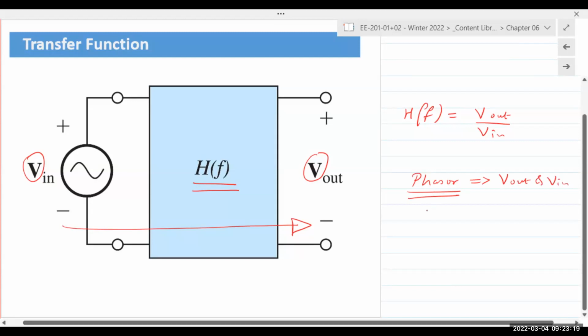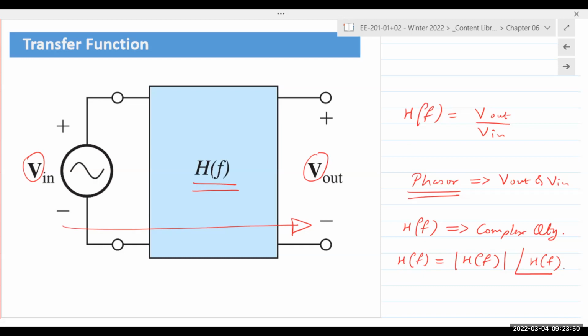V out and V in are phasors, and therefore H of F is also a complex quantity represented by complex numbers. It has both magnitude and phase. So the transfer function has magnitude and phase angle.